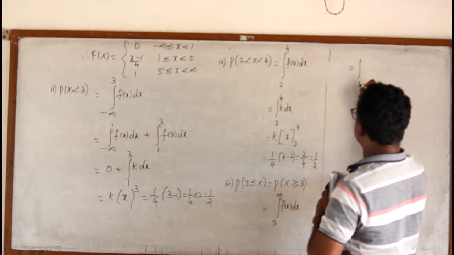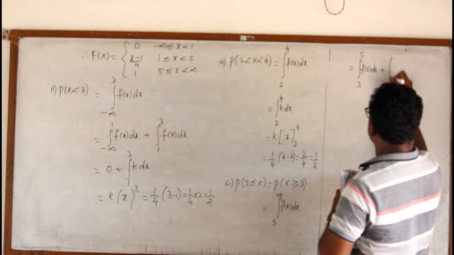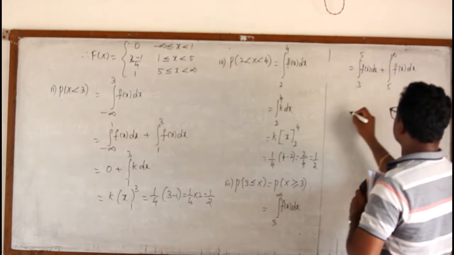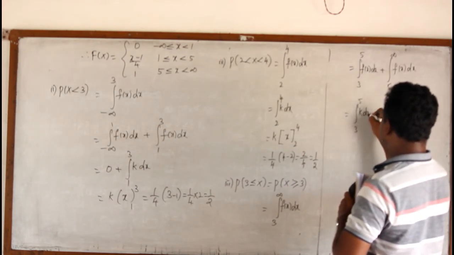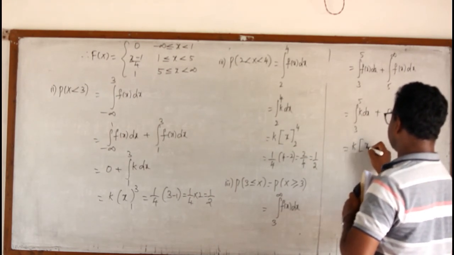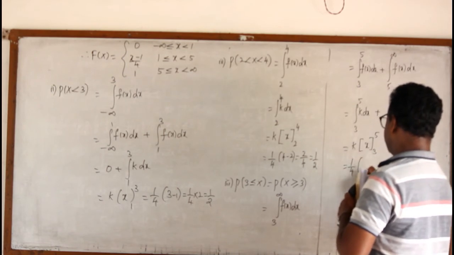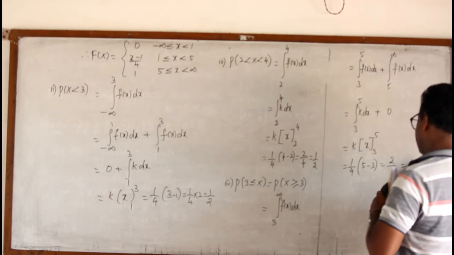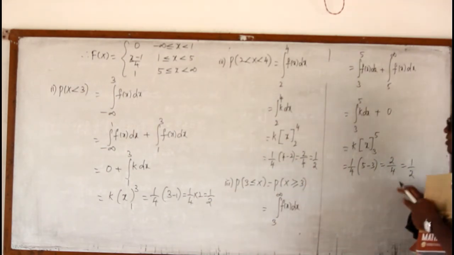So I can write 3 to 5 of f of x dx, then 5 to infinity of f of x dx. From 3 to 5, f of x is k dx. The function does not exist beyond 5. K into the integration of dx is x, from 3 to 5, it is 1 by 4 into 5 minus 3. Again 2 by 4. Therefore the value is 1 by 2. So all the three values are 1 by 2.